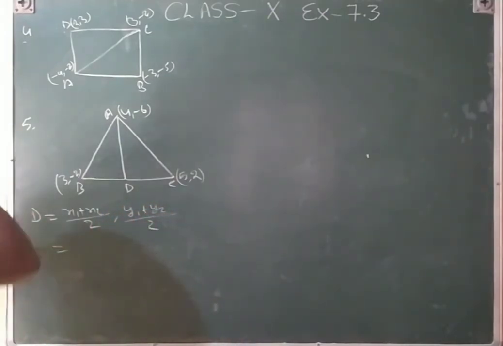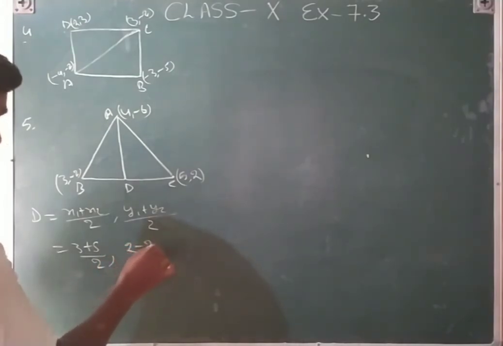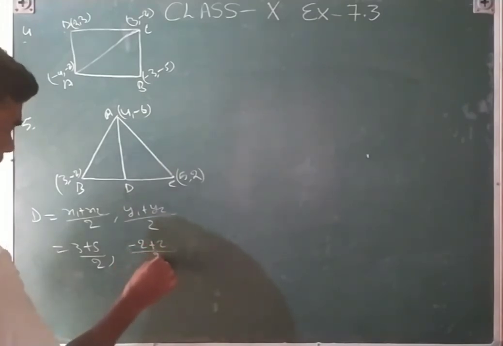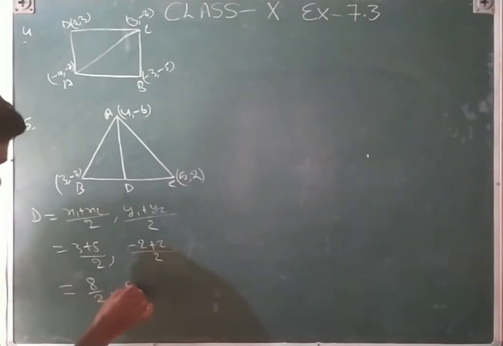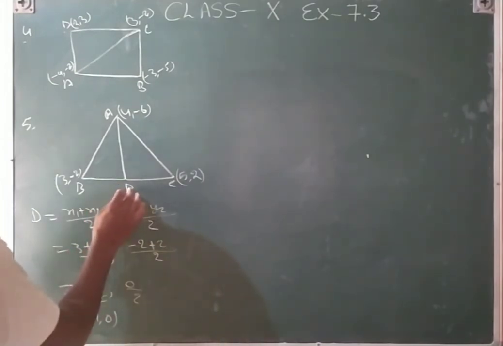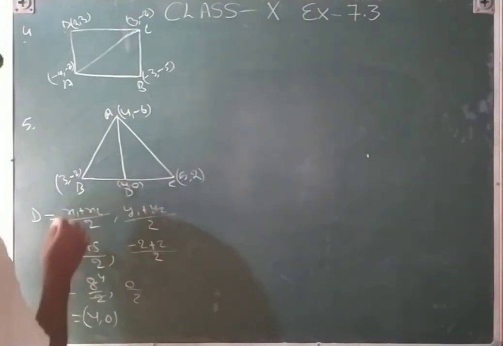So that will be 3 plus 5 upon 2, and then minus 2 plus 2 upon 2, that is 8 upon 2 and 0 upon 2. So that will be 4 comma 0, that is the D point.